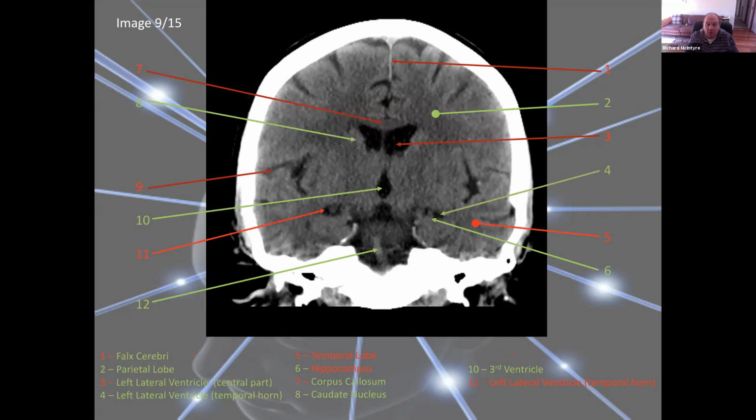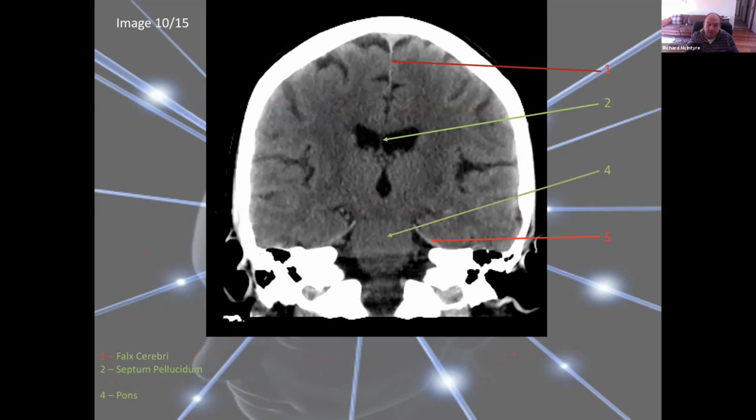Basilar, I'm going to show you. There's our parallel slice with the basilar artery. Okay, so we can see that basilar artery coming in its length on a coronal.